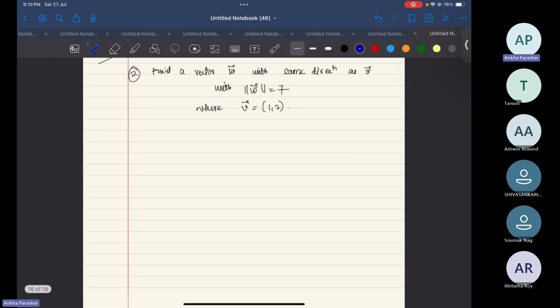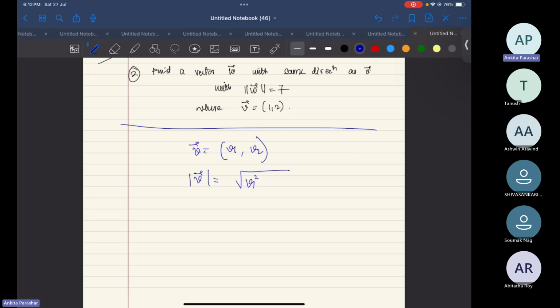Let me try writing this. Suppose v is nothing but v1 comma v2. Then what is the magnitude? It is simply the square root of v1 squared plus v2 squared. And if I divide by its norm, then it will be v1 over the square root of v1 squared plus v2 squared, comma, v2 over the square root of v1 squared plus v2 squared.